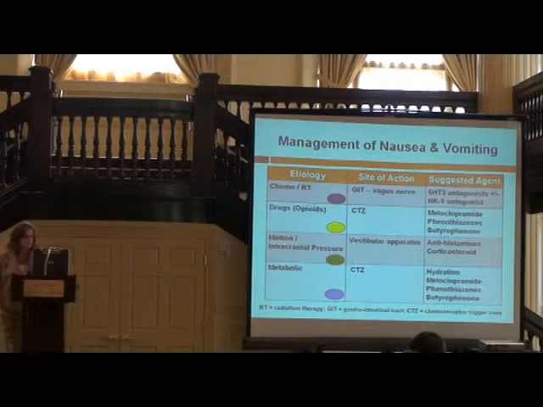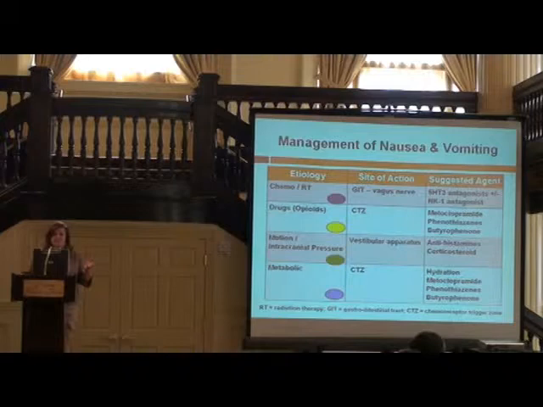With chemotherapy, we bring out the big guns and the most expensive agents. These are the 5-HT3 antagonists. So we have ondansetron, dolasetron, and, forgetting the third one, granisetron. For these agents, with or without a neurokinin 1 antagonist, this is your aprepitant or Emend, which is used for delayed nausea and vomiting.